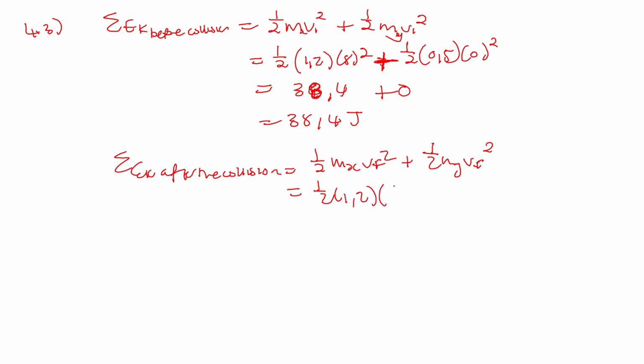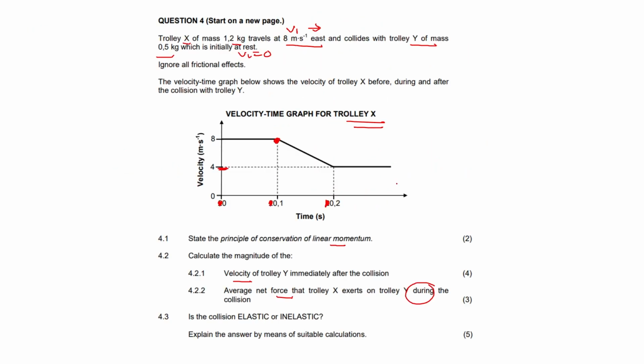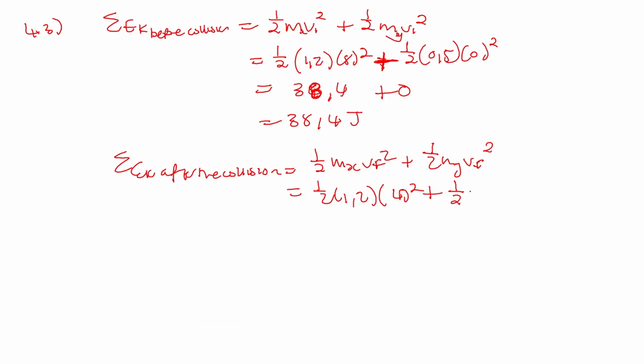We remember that the final velocity of X is 4, and the final velocity of trolley Y we just calculated in the previous question, and that was 9.6. We square that, put that all into the calculator, and we get 32.64 joules.